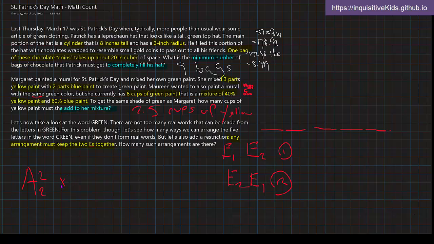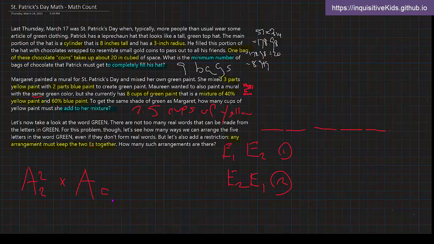And we multiply that, and we're just going to see the rest, right? The rest after the 2 E's, there's just 3 letters left, which is G, R, and N. So we just want to see G, R, and N out of these 5 places, what 3 we can get to find the places that G, R, and N are going to go into.